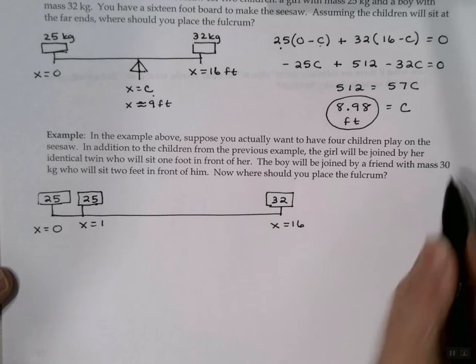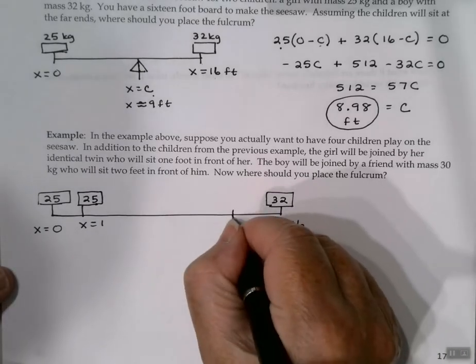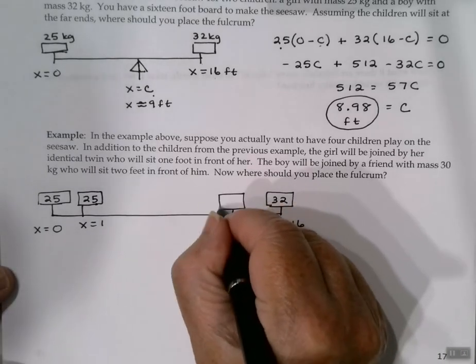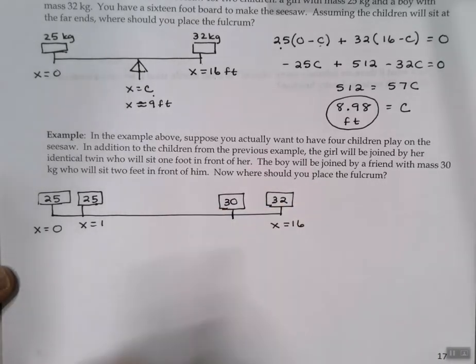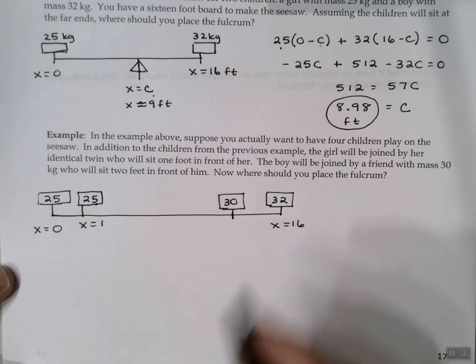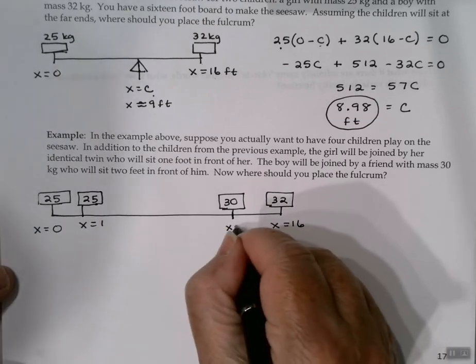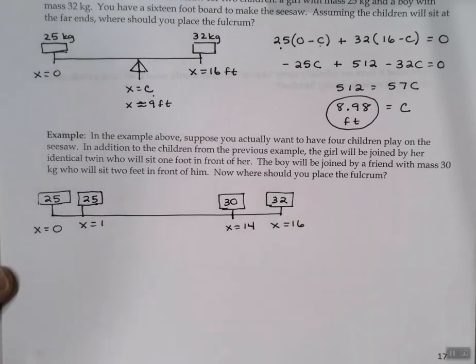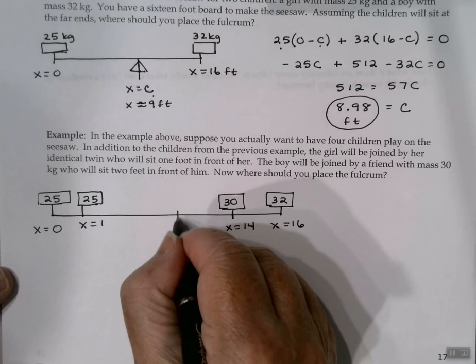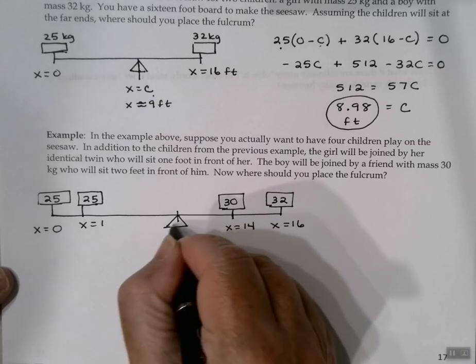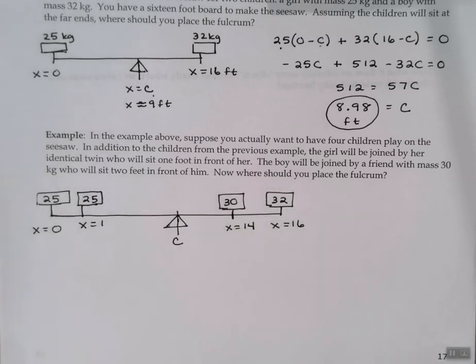The boy's friend has a mass of 30. And he sits 2 feet in front of the boy, so that's going to be 14. And same question. Where should we put our fulcrum in order for that system to balance perfectly?